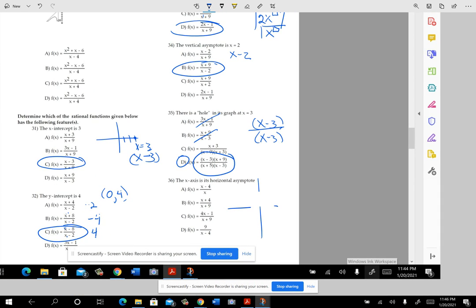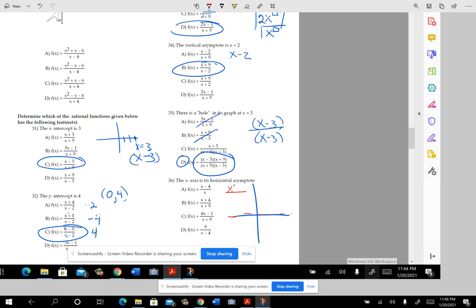Okay, horizontal asymptote right here at the x-axis. Right on the x, oh, it's a terrible picture. Let me try that again. Okay, so here's the coordinate plane. We know we have a horizontal asymptote right here at the x-axis. Okay, so the degree has to be bigger on the bottom.